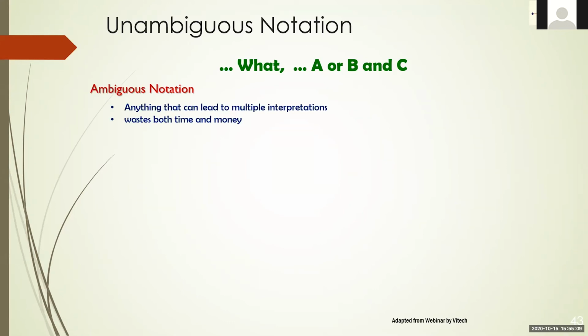It's open to ambiguity, okay? So being ambiguous when we are creating the specifications or the definition of a system really wastes both time and money, because we have to go back and say, no, this guy didn't mean A or B and C, but he meant A or B and C. So it creates a lot of rework.